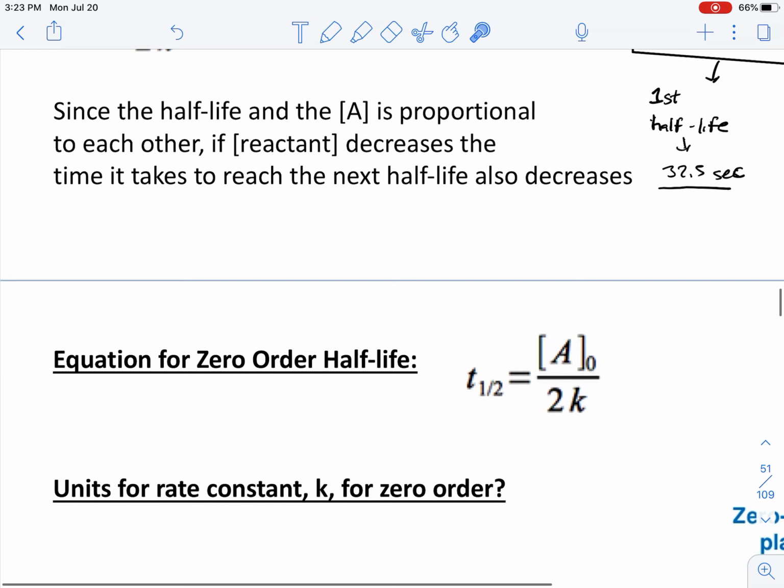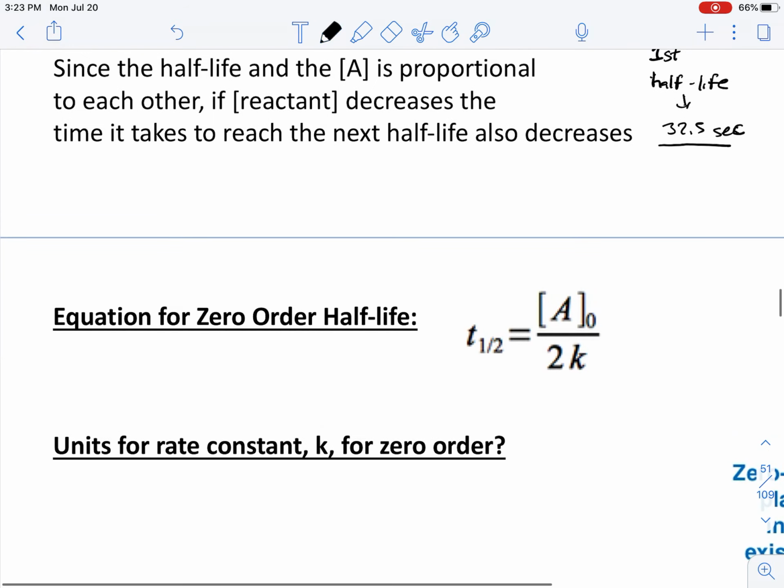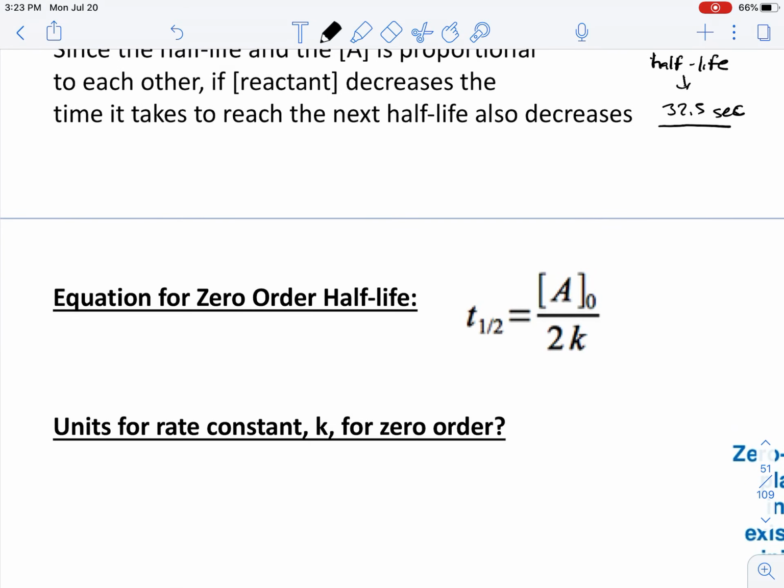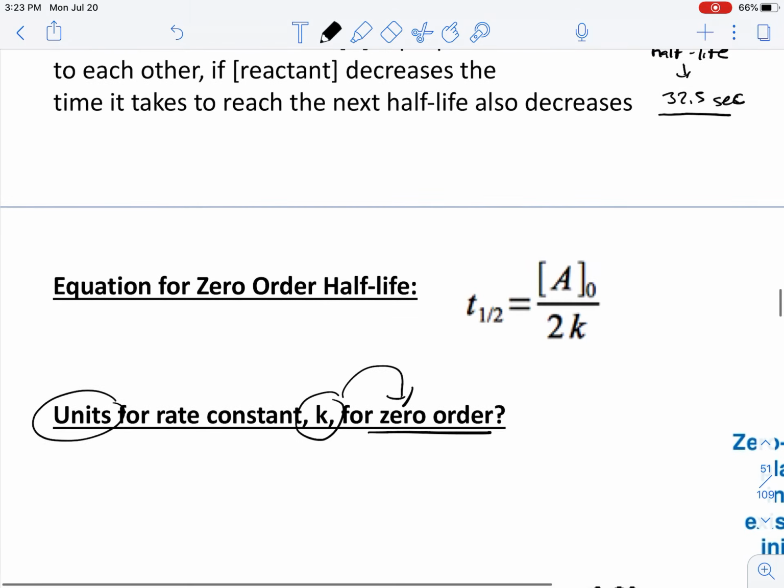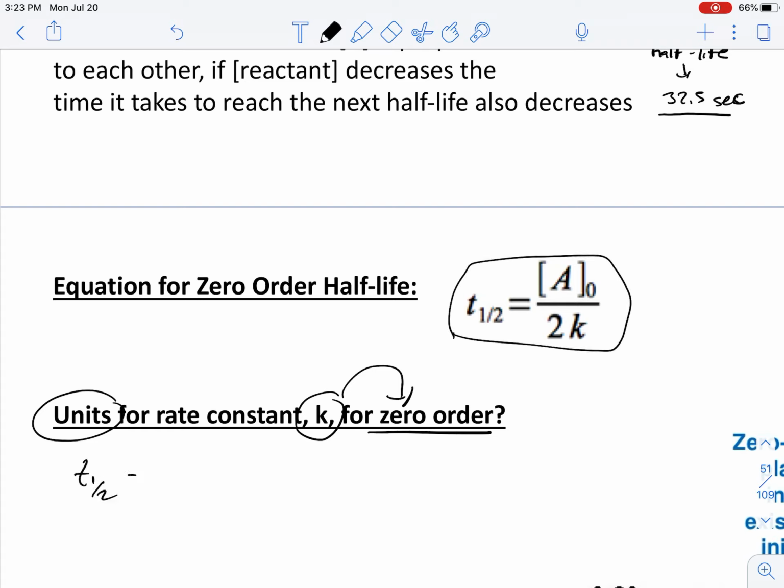Okay. Let's take a look at the units for the rate constant K for zero order. We're going to take this equation: T1/2 is equal to the concentration of A divided by 2 times the rate constant K. I'm going to replace all of these terms with the units they represent.